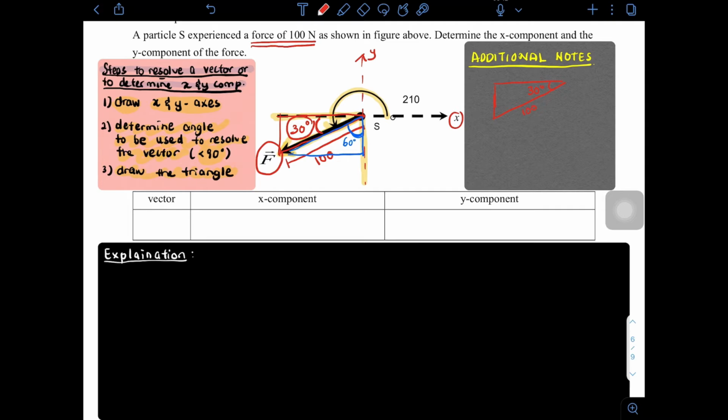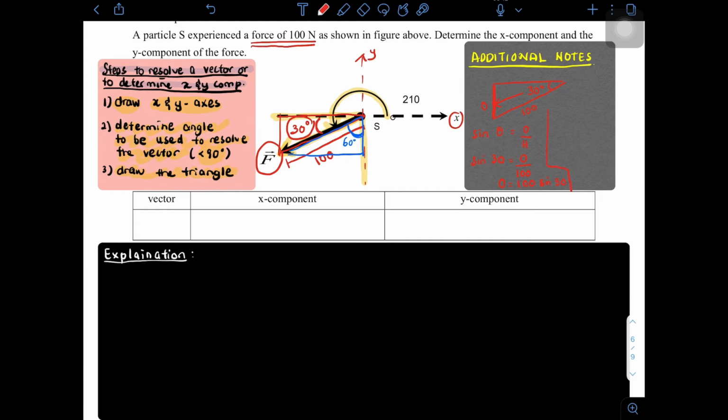You have learned in maths that if you want to find this length, you can use sine theta equals opposite over hypotenuse, because this side is opposite to your angle. So sine 30 equals opposite over 100, and your opposite is 100 sine 30.